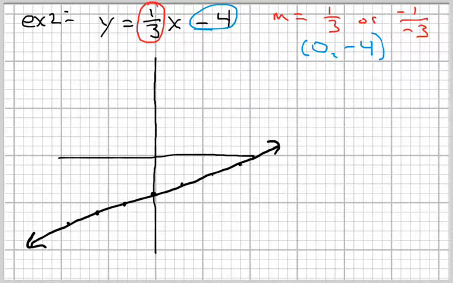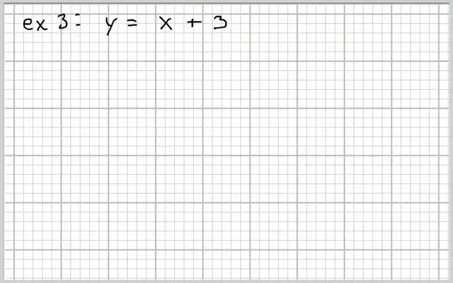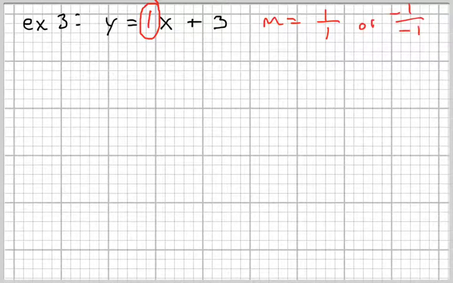Let's look at another example. So here we have y equals x plus 3. We still need to identify our two key pieces of information. Our slope is always the number being multiplied by x. There is no number there, so it is assumed to be a 1. So that makes my slope 1 over 1 or negative 1 over negative 1.